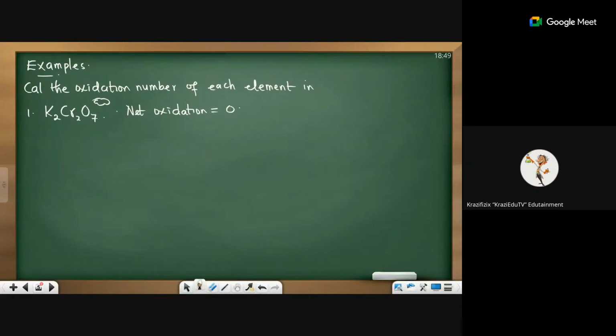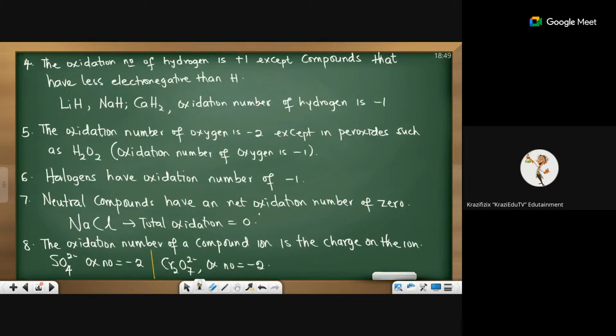Now, I'm going to use my periodic table. K2Cr2O7. All right, K is potassium. Where is potassium? Potassium is in group number 1. It therefore means the oxidation number of potassium is +1. In fact, I should have added that. Let's quickly add that before we start.